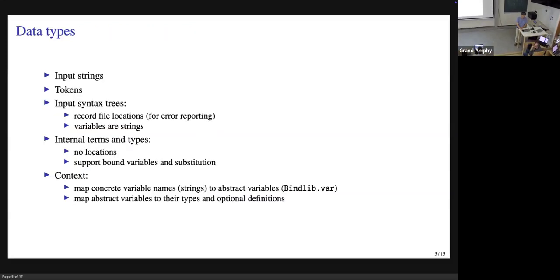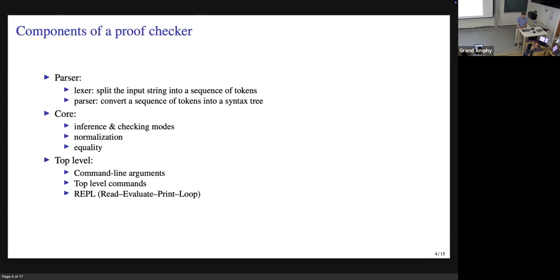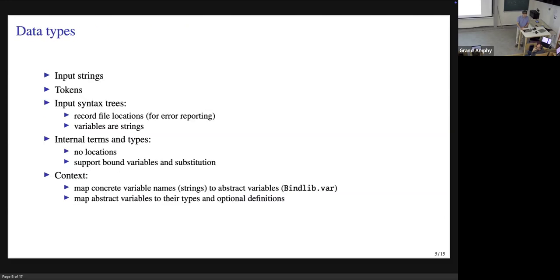So we could go this way, but there's another way to frame what we're doing, which I think is also helpful, which is in terms of data types that we need. So we can think ahead to say, okay, each of these things is going to work with some data types. What are they? So obviously we have input strings. Those are just strings.